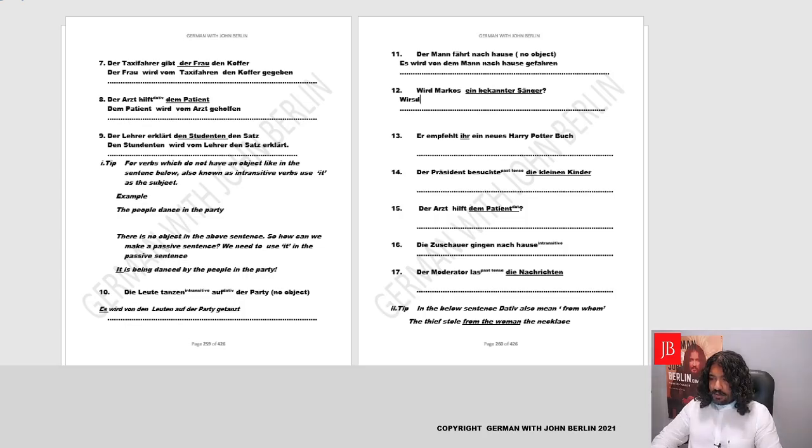Wird ein bekannter Sänger von Markus. To become is werden, and in perfect it is geworden. So it'll basically be a fame.